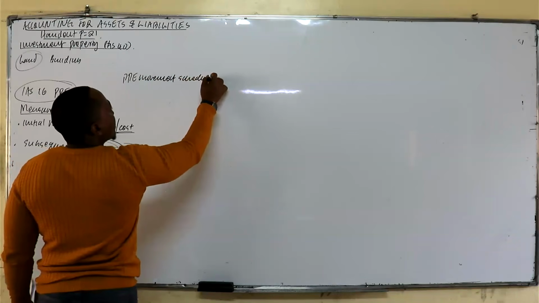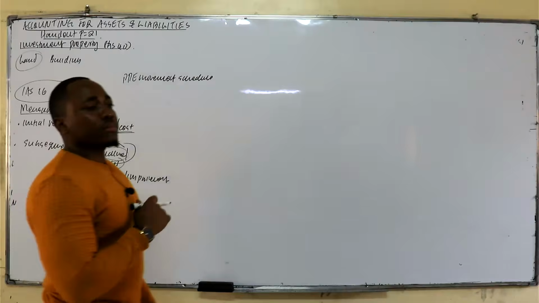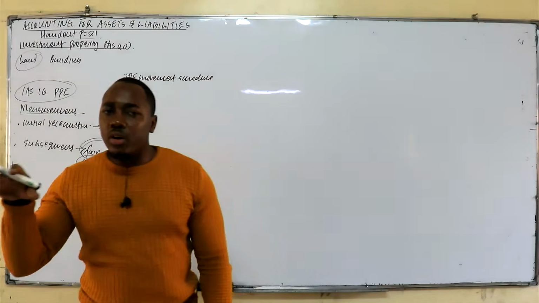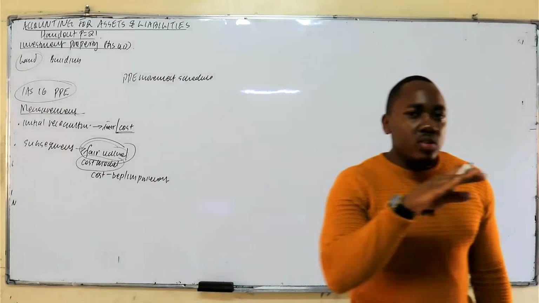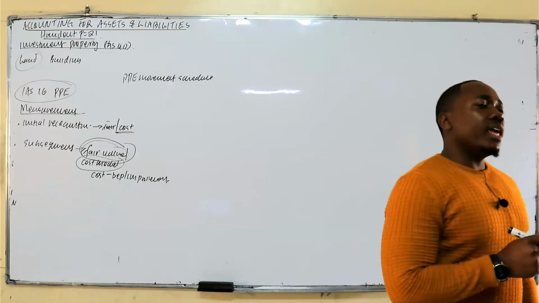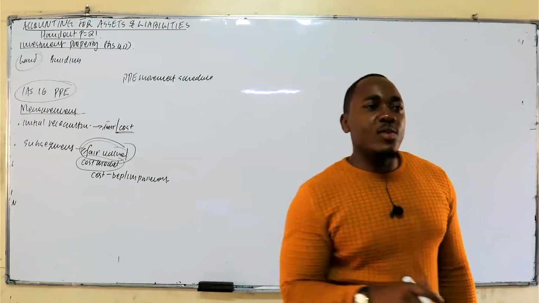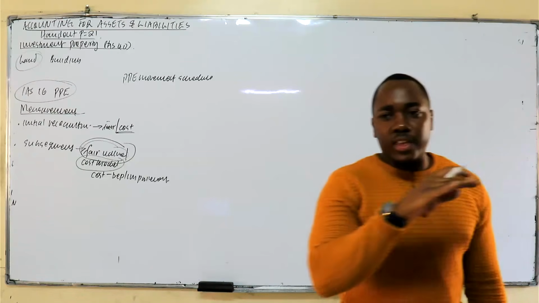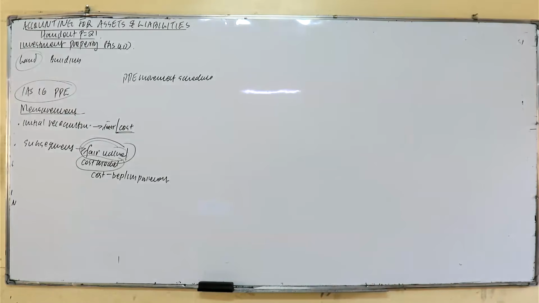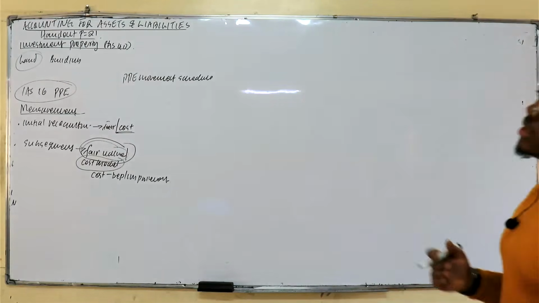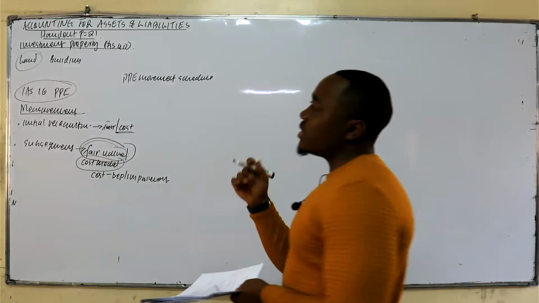Where you factor in the opening balances, you add any addition or acquisition of assets during the year, you add any revaluation gain for the year, you erase accumulated depreciation, you also factor in depreciation for the year, impairment, disposals, and then you get the adjusted balance at the end. And what you get after adjustment is what you take to the balance sheet as part of PPE.